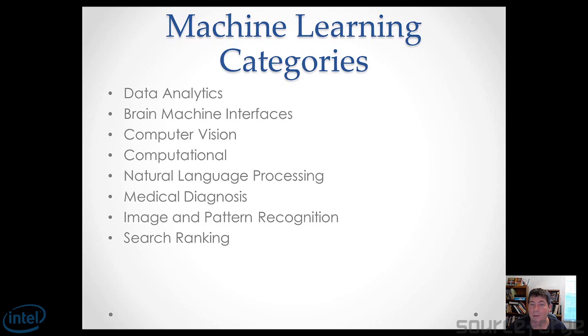For instance, Google is always spidering web pages, and when they do, they not only look for keywords, but they look for meaning. Medical diagnosis, now computers are doing it more and more. Image and pattern recognition. A good example of this is Facebook, where they can tag you in a picture if it recognizes you as one of the friends. And lastly, search ranking, very important for companies such as Google.